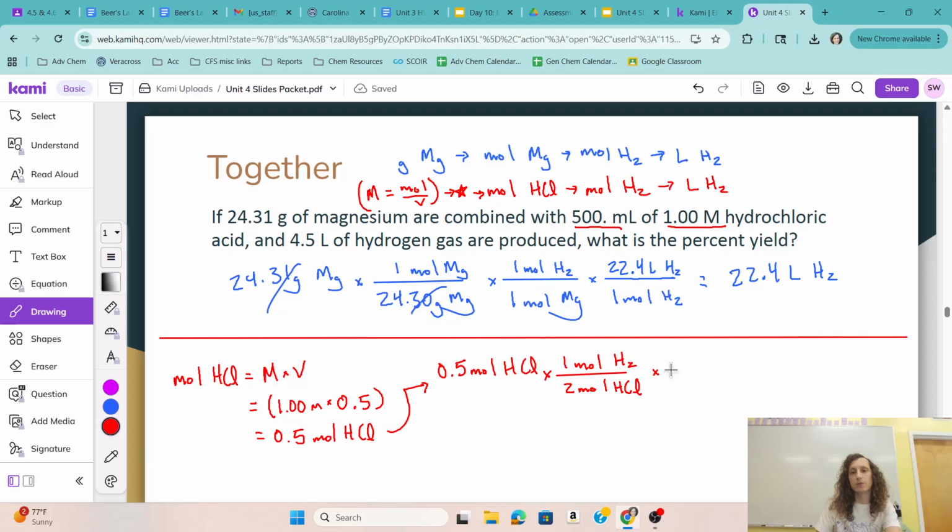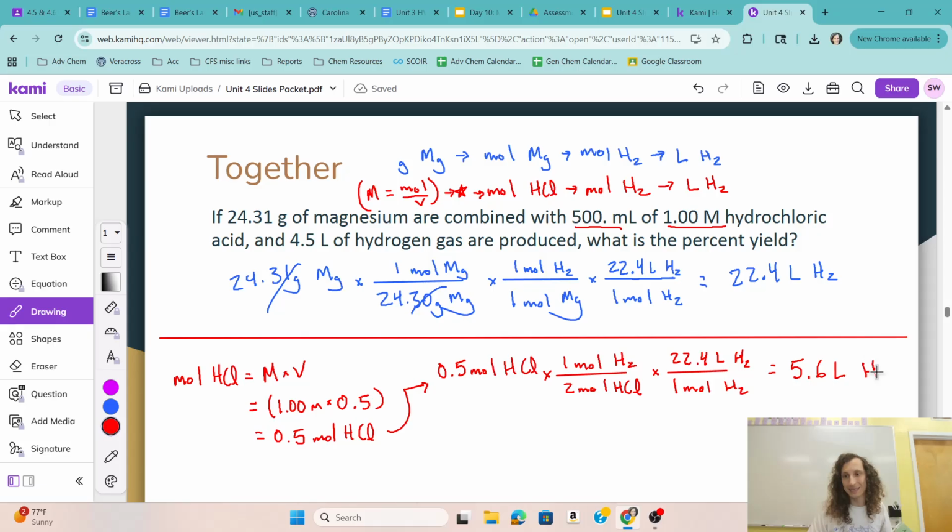And then lastly, that 22.4 value to get moles back to liters. Okay, and this one, half divided by 4, so 22.4 over 4 gives us 5.6 liters of H2.